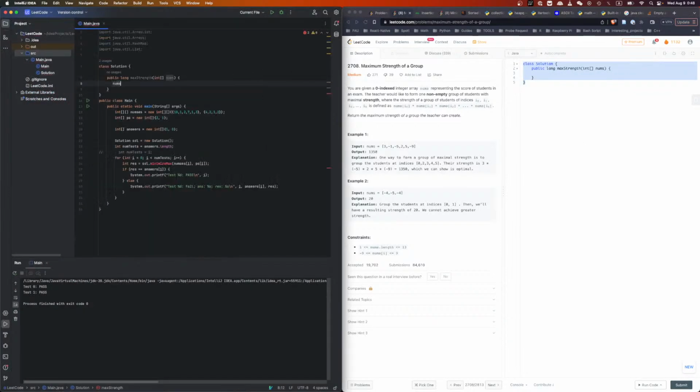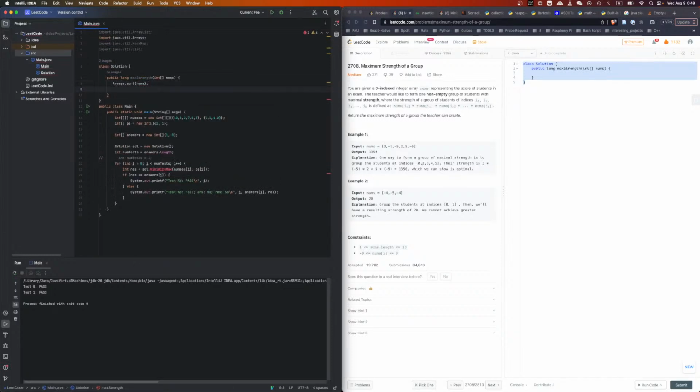So basically what I'm saying is we're going to do Arrays.sort, right? After we sort the numbers, we're going to multiply from left to right. If it's negative, we just multiply, and if it's a 0, we skip. If it's a positive, we just multiply, right?